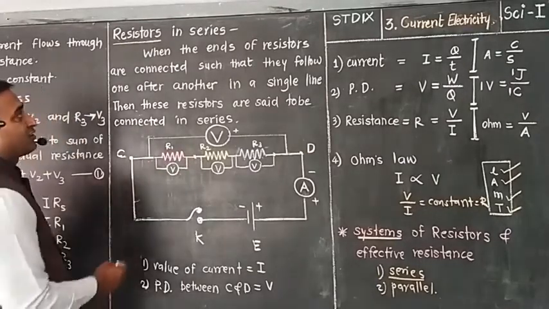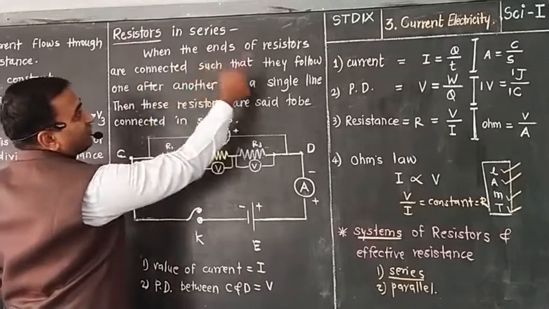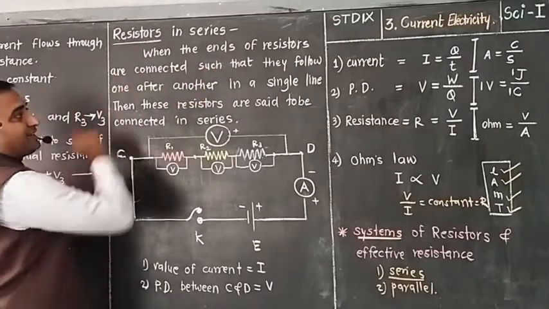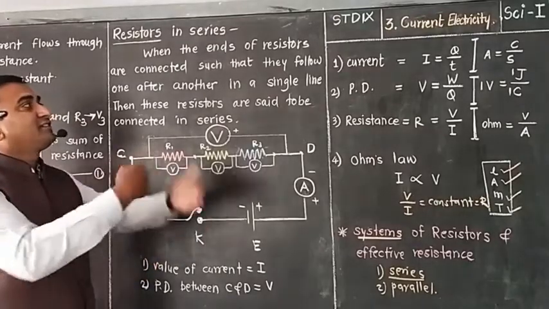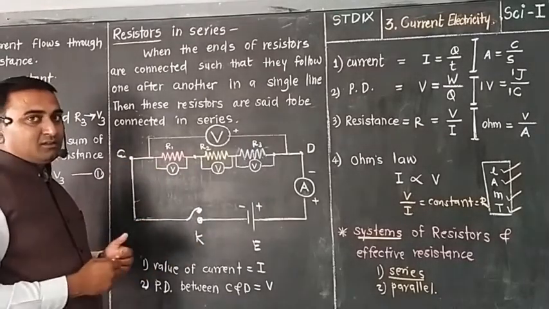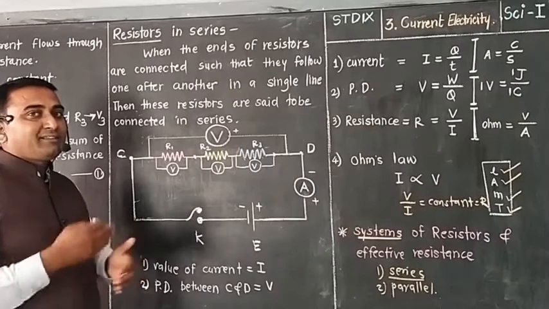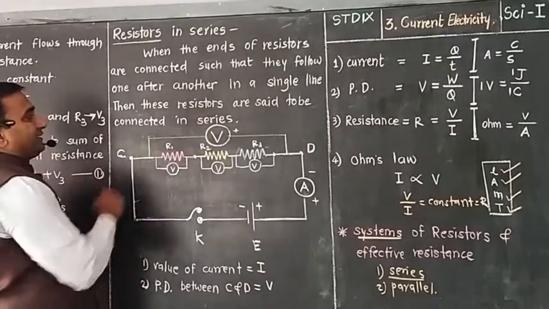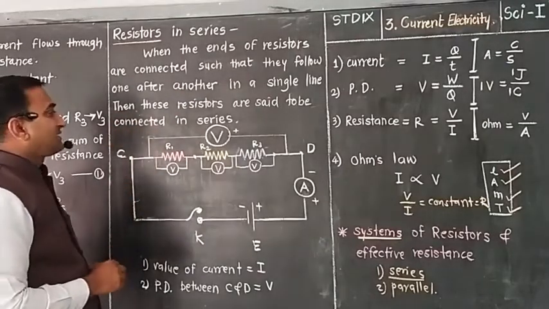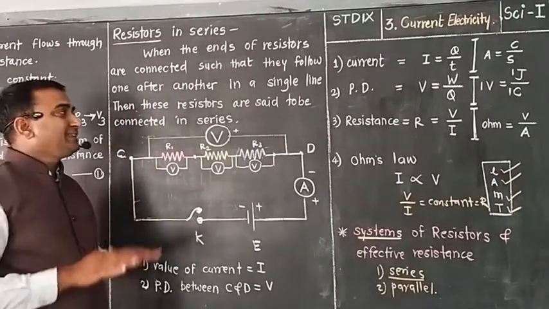See, what is the definition? When the ends of resistors are connected such that they follow one after another, like at assembly you are standing in a line one after another, in a single line, then these resistors are said to be connected in series.